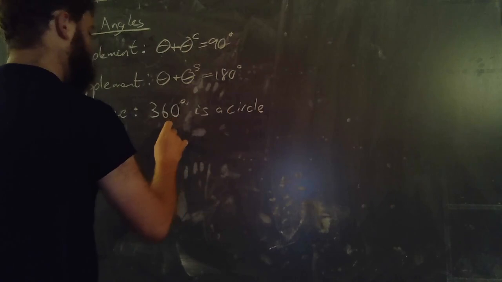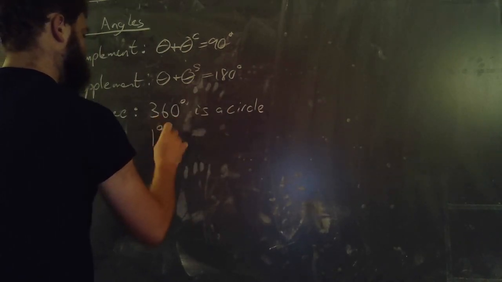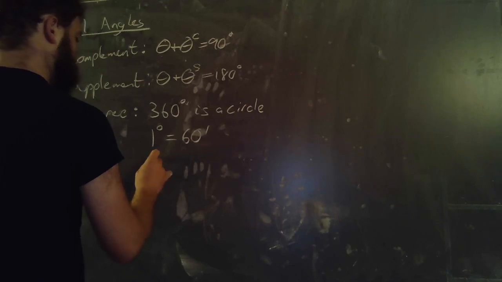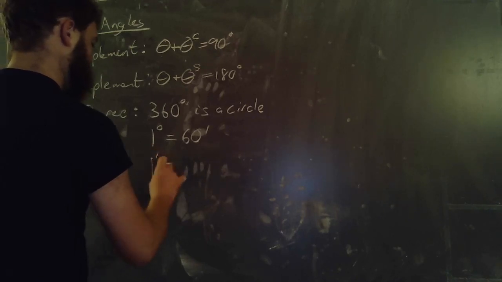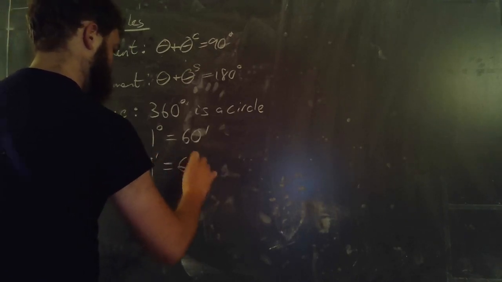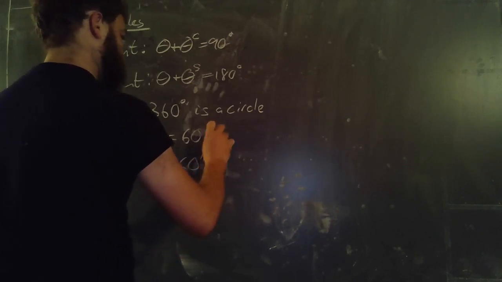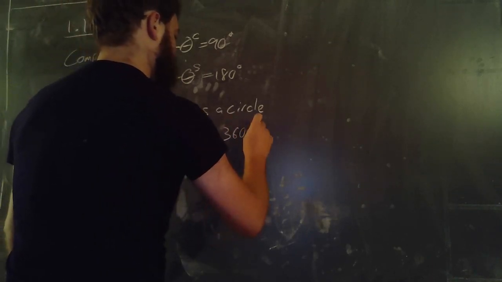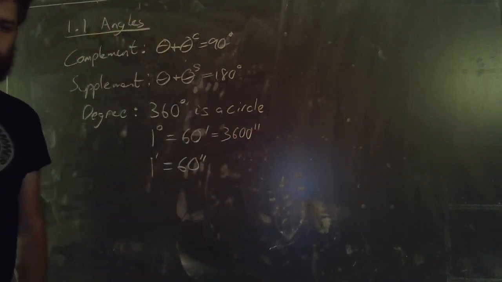Secondly, we know that 1 degree is equal to 60 minutes, and of course 1 minute is equal to 60 seconds, which is also to say that 1 degree is 3,600 seconds.